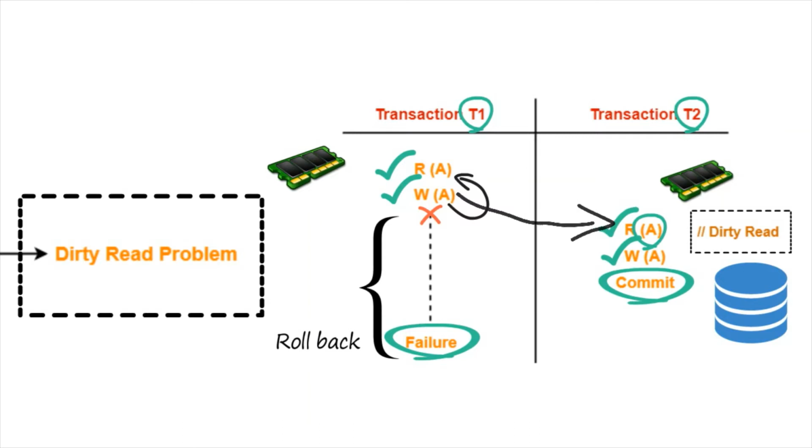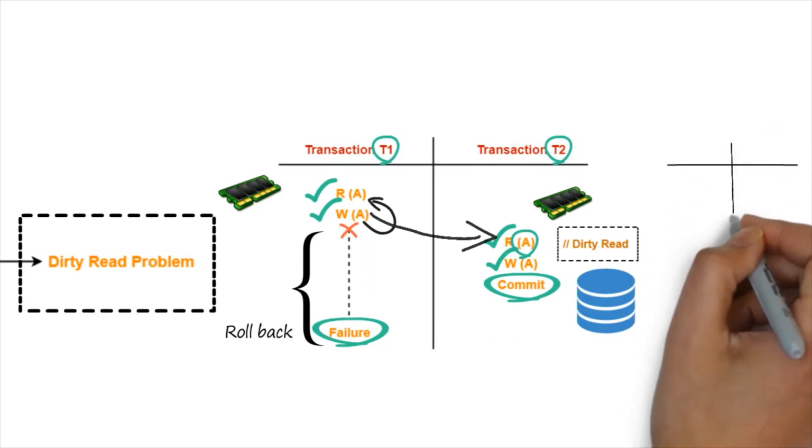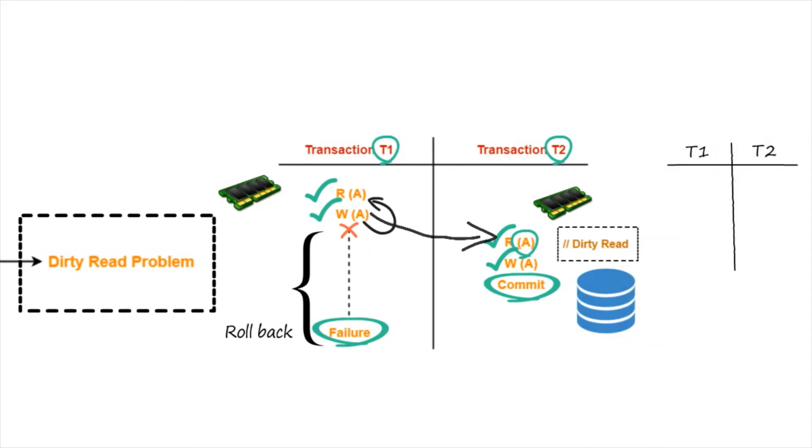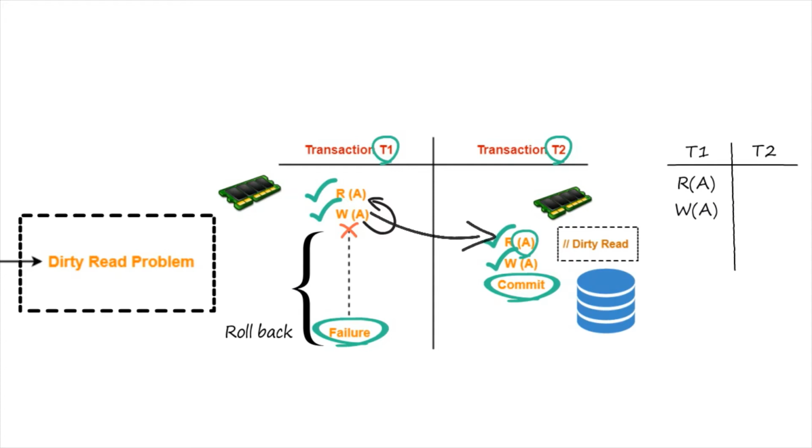But what lesson are we learning here? Whenever we have more than one transaction executed concurrently, if we have read and write operations, then the next transaction should read the value after the commit operation of the first transaction.